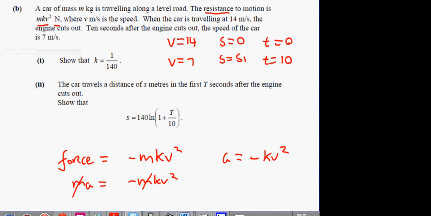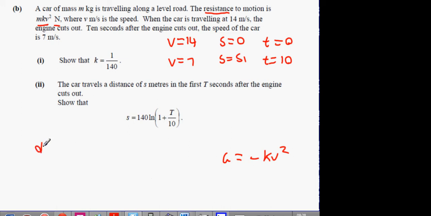So what we're going to do next is choose which a to work with. By the way the limits are setting up, we'd probably be looking to go with t. So we're going to say dv/dt equals minus kv squared.